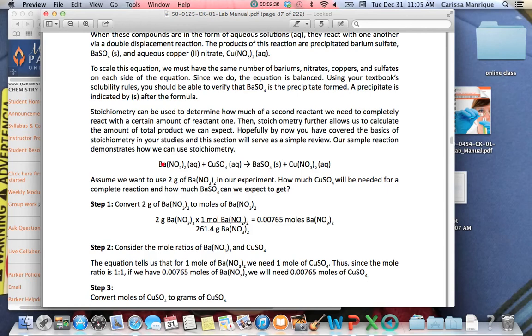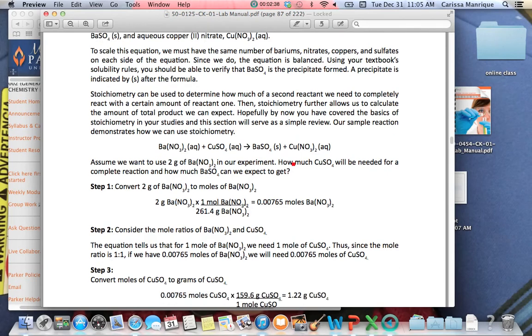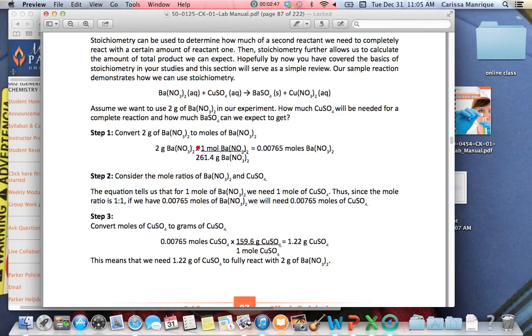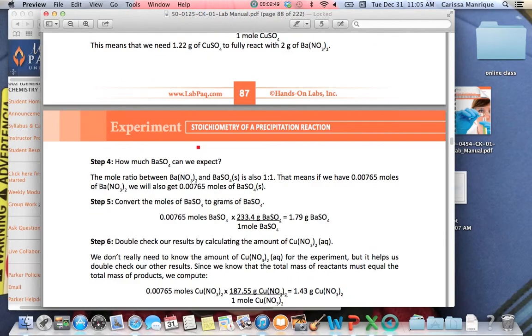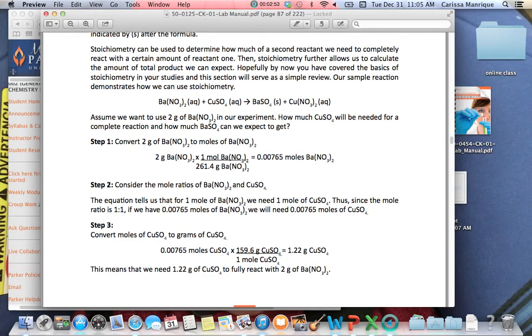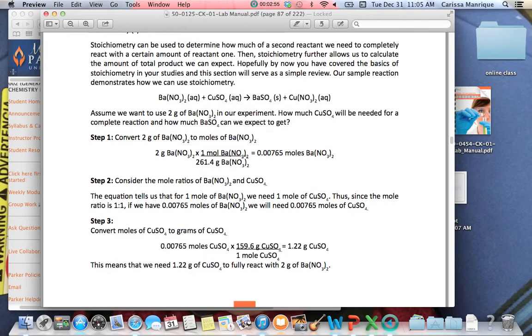Now, here's our reaction here, and to get your theoretical yield, you're going to go from grams of one substance to grams of another substance. Okay, so let's look at this.